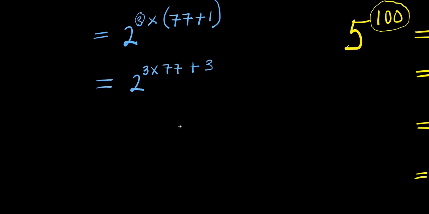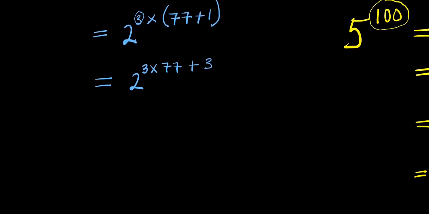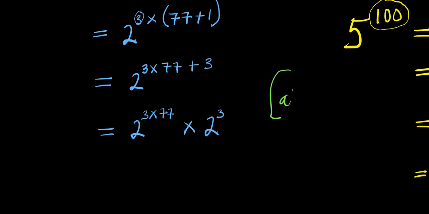So from here, I can express this as 2 to the power of 3 times 77 times 2 to the power of 3. Now remember this identity. If you have a power n plus m, it equals a power n times a power m. So we apply this identity here.